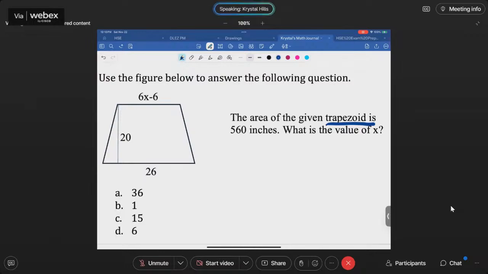Before we can even find the value of x, we have to figure out the formula to find the area of a trapezoid. So I want you to look on your formula sheet, look for the formula to find the area of a trapezoid, and let me know what it is by putting it in the chat or lifting your voice to the mic.